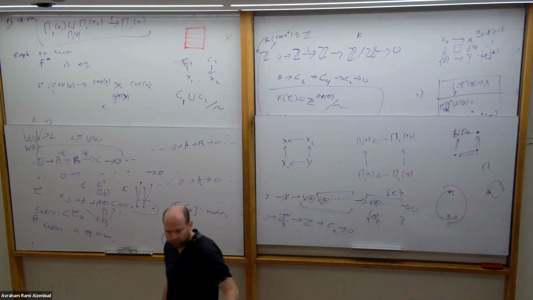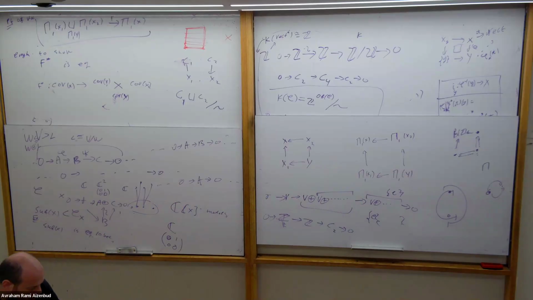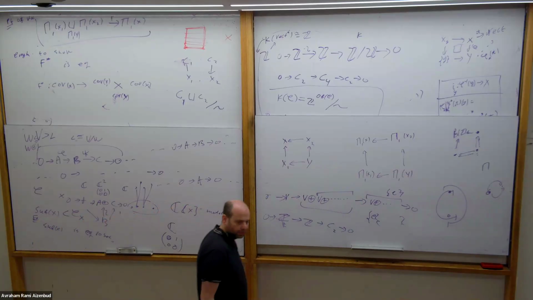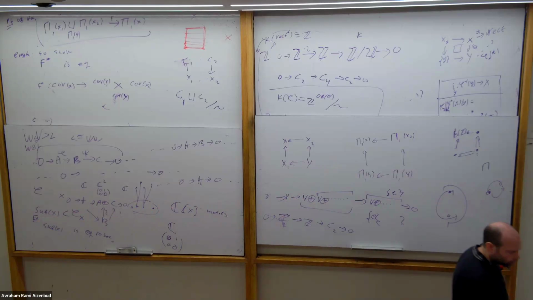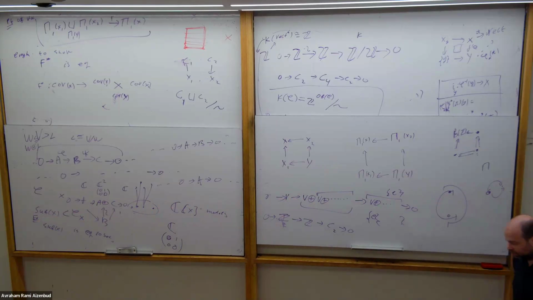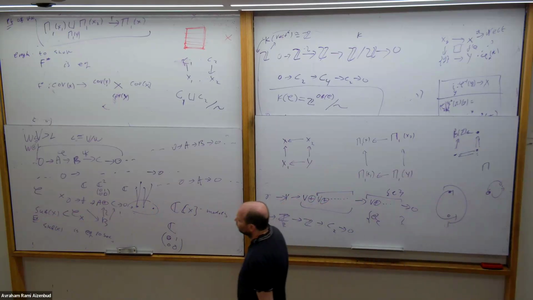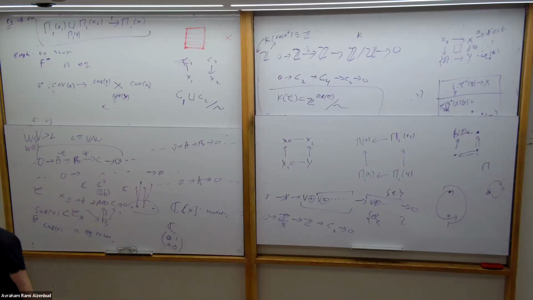So the Grothendieck group is going to be just a free group generated by the prime numbers. And the Grothendieck group of general groups is not well defined because it's not abelian.